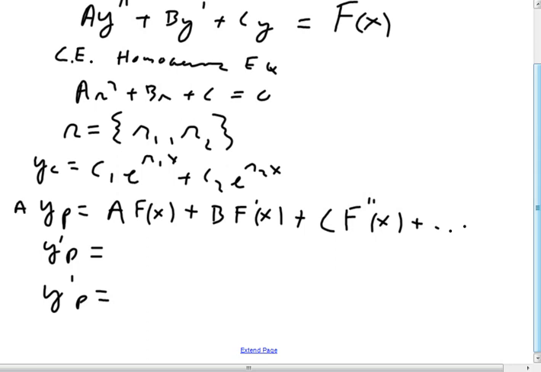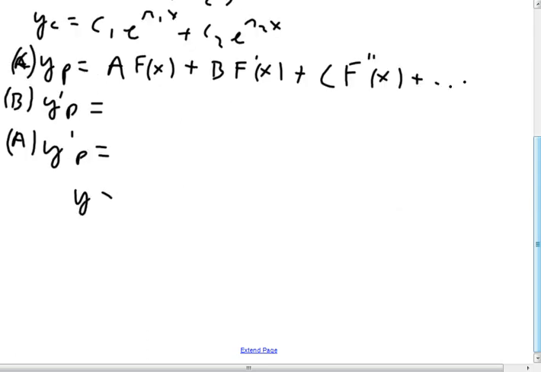Then I would solve for those coefficients A, B, C, D, E, F, and after I do that, my answer is going to be whatever the homogeneous solution was plus whatever the particular solution was.